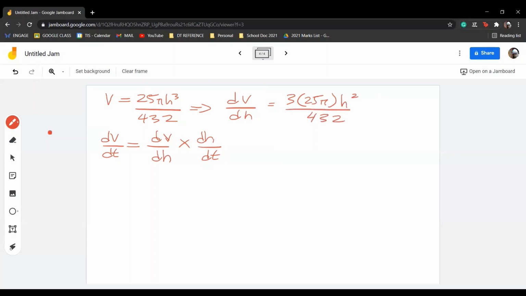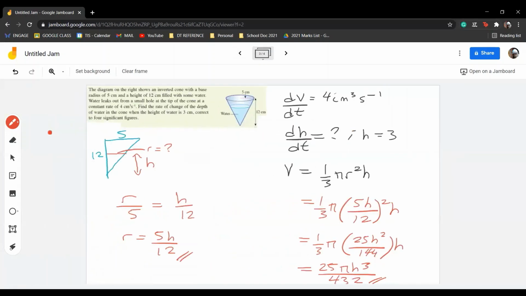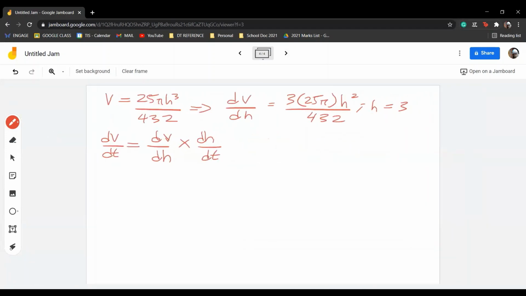But you also need to remember that the h is given as 3 centimeters. So the 3 goes inside: 25 pi times 3 square over 432.